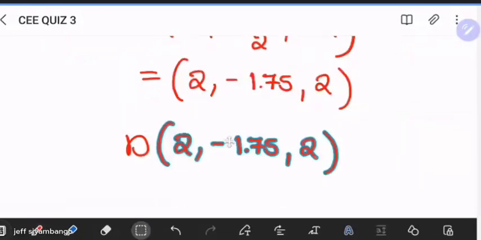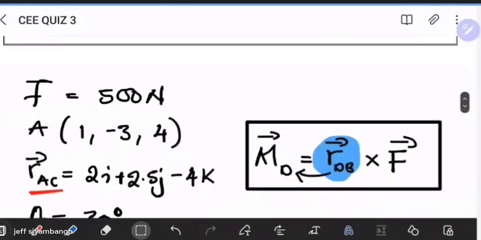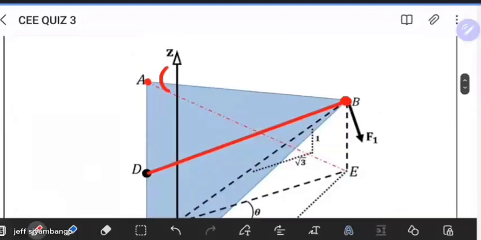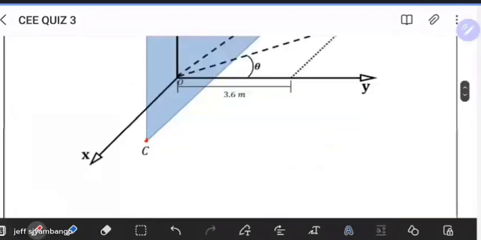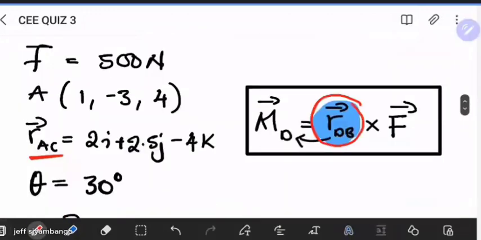Now that we have the coordinates of D, we are close to finding the displacement running from D to B. But clearly, we need to figure out what B is. Because if we know what B is, we can get the displacement vector from D to B, and this is the one we're going to use when trying to get the moment we are looking for.